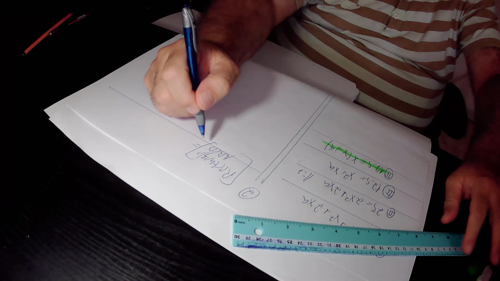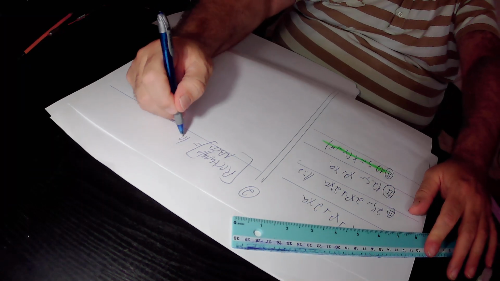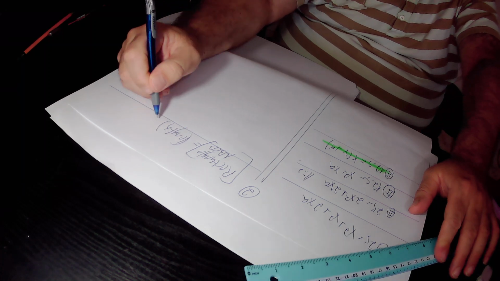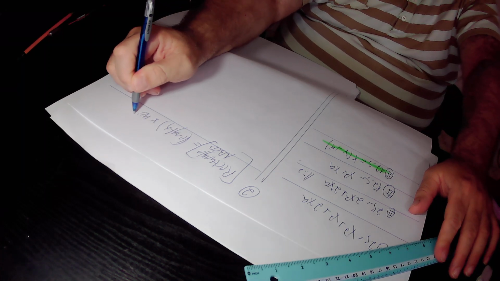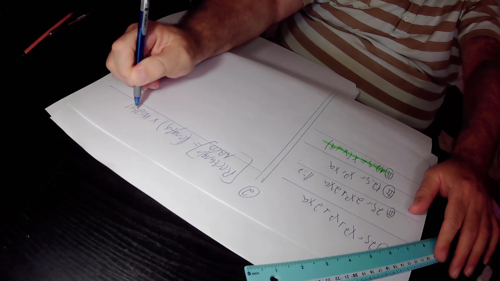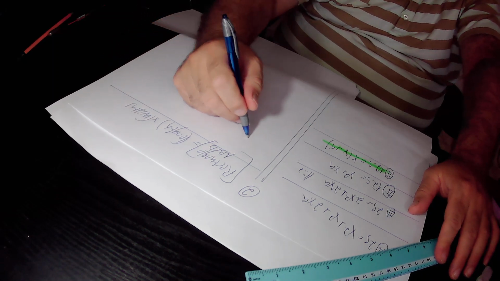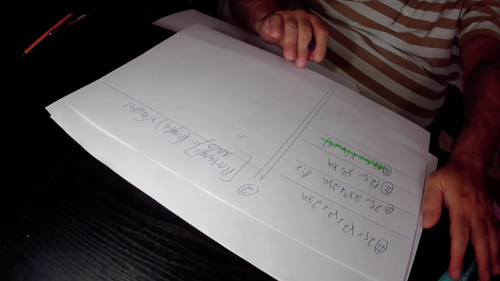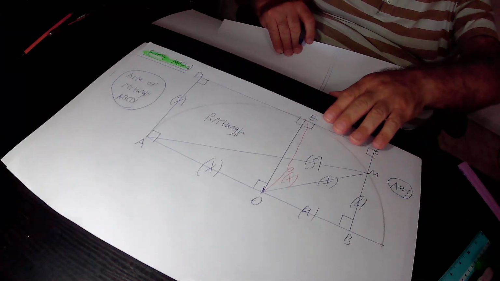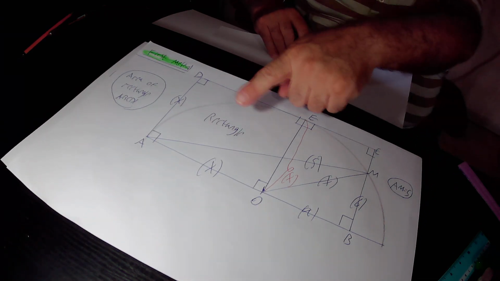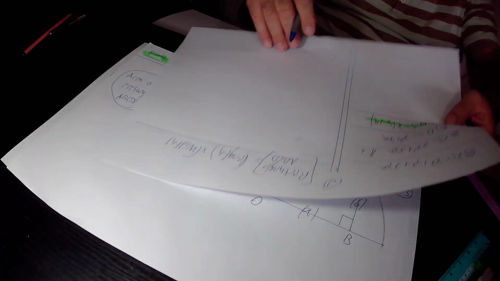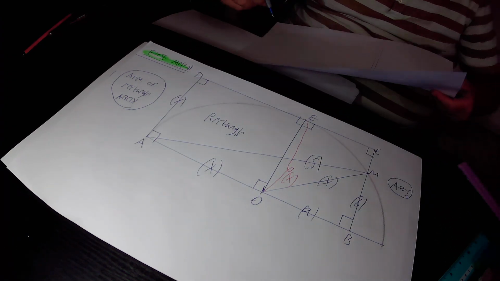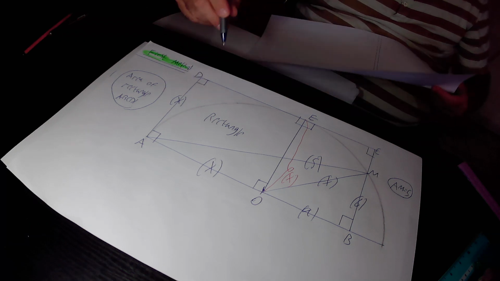We know that the area of any rectangle equals the length of the rectangle times the width. Therefore, the area of rectangle ABCD must be equal to the length of rectangle ABCD times the width. What is the length of rectangle ABCD? The length of this rectangle ABCD is AB. Times the width. The width is dA.